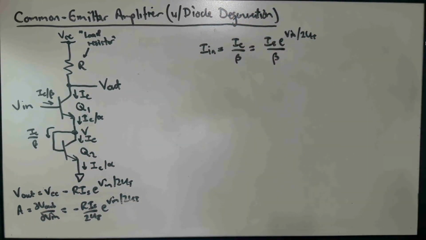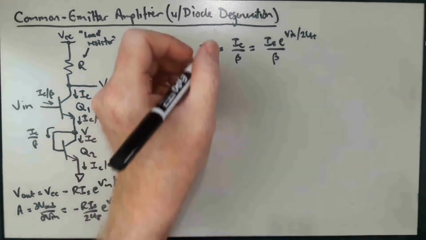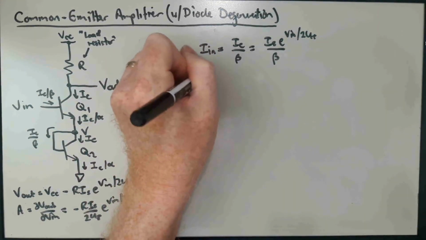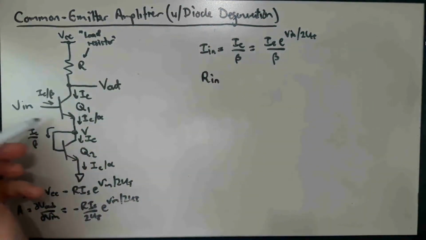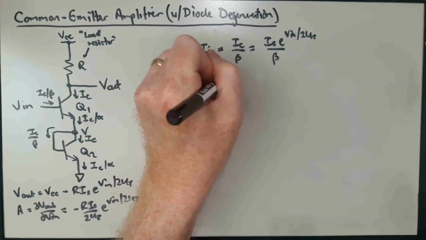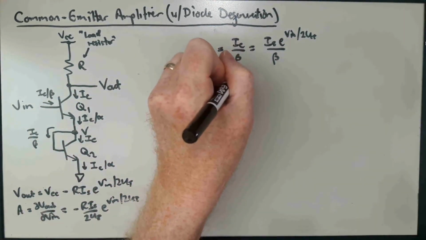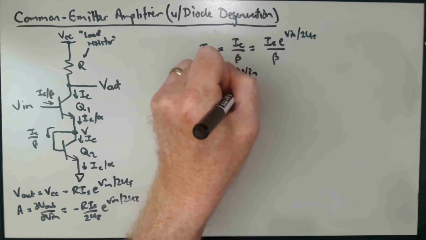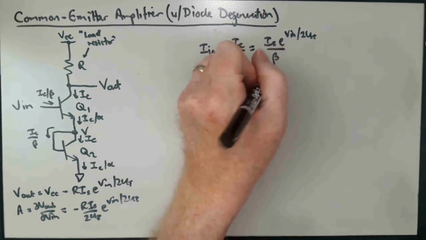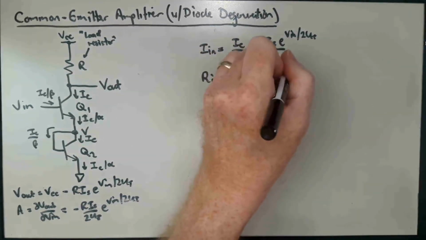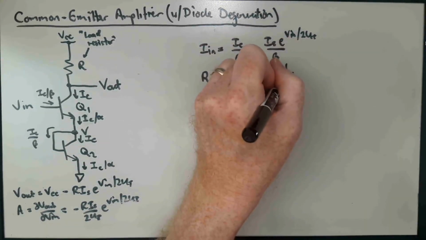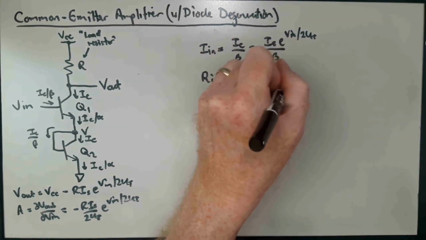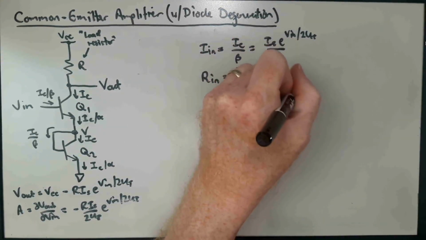And if we wanted to know what is the incremental input resistance, right, we would say Rn, which is the incremental resistance seen here looking into the base, would be equal to, formally, dVn over dIn, which is going to be 1 over dIn dVn.